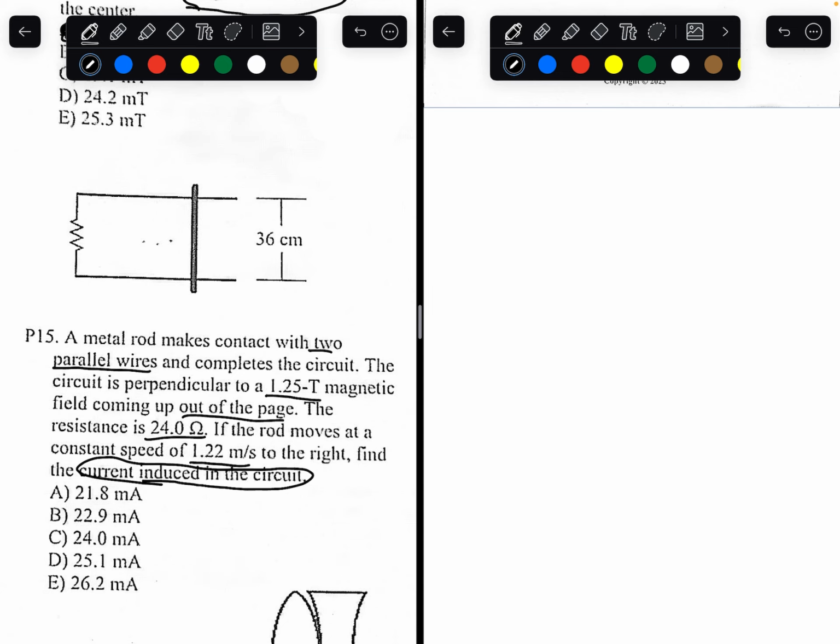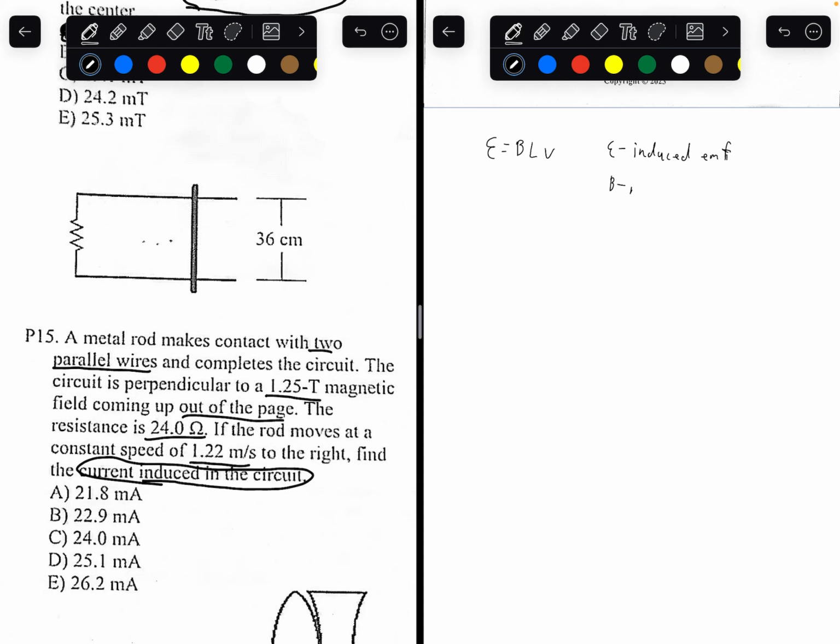Induced current. So, to start with this problem, you'll need to know this formula. Induced EMF equals magnetic field times the length of the rod times the velocity of the rod. So this would be induced EMF, electromotive force. It's another word for voltage, induced voltage essentially.